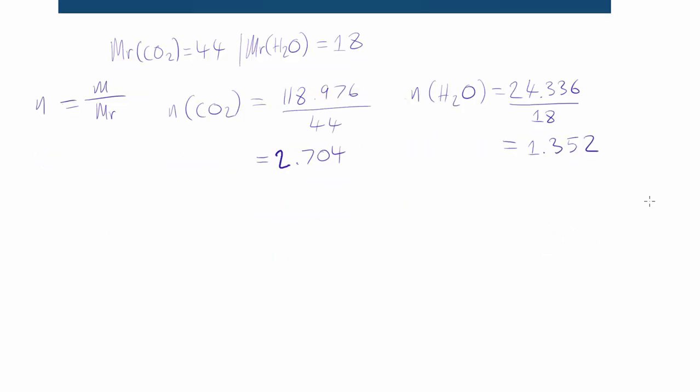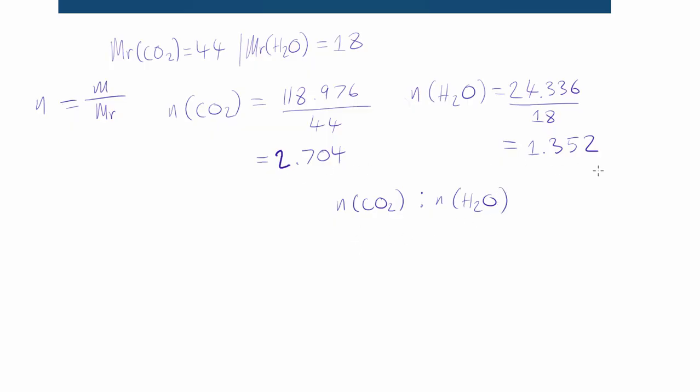And now, in order to establish what the ratio is between the two, what we can do is just represent this side by side. So the moles of CO₂ compared, as a ratio, to the moles of H₂O, okay?